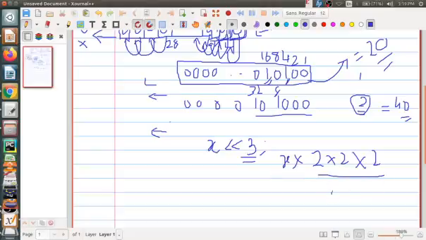Whatever the value is, x into 2 into 2 into 2. So what is the value? 2 to the power 3. So x into 2 to the power 3, that is x into 8. Now if I generalize this, if I shift x left n times, what is the new value? x into 2 to the power n. This is my new value.